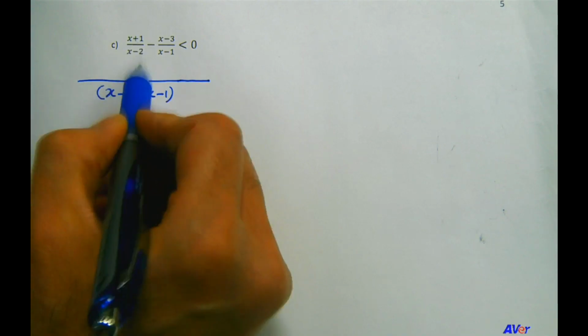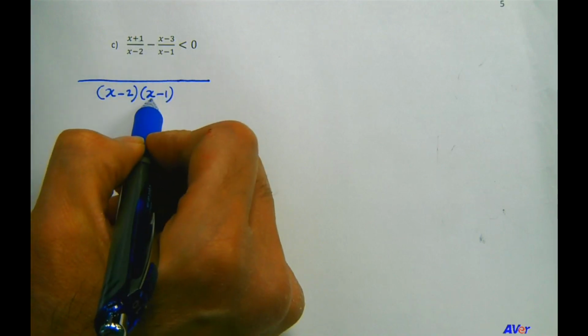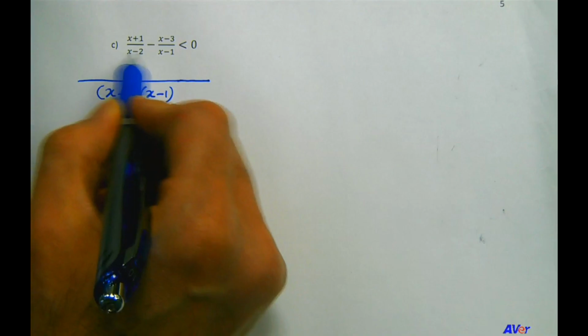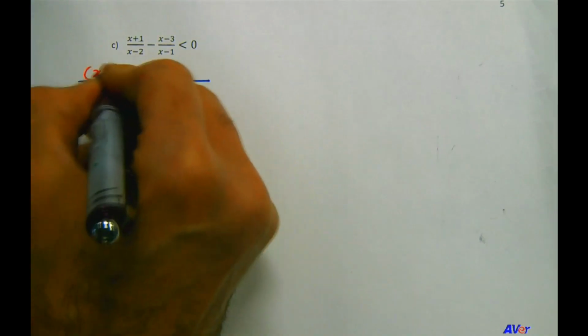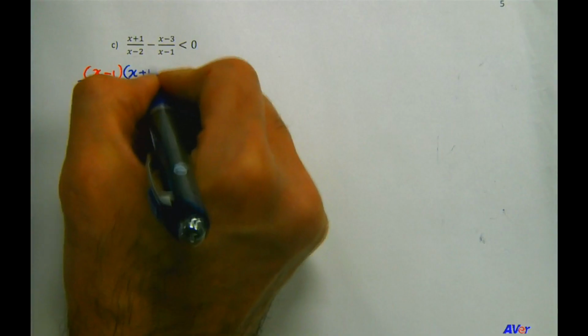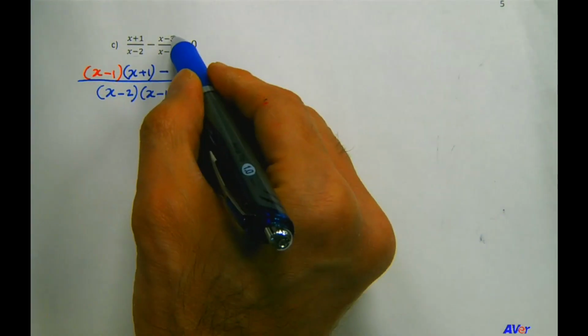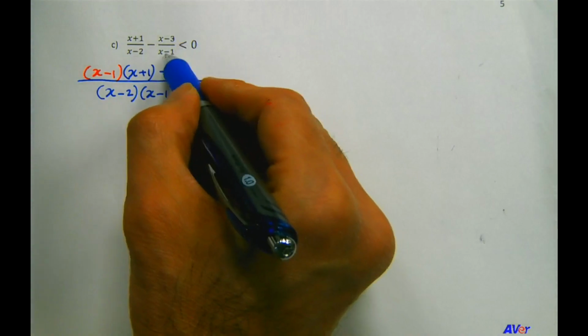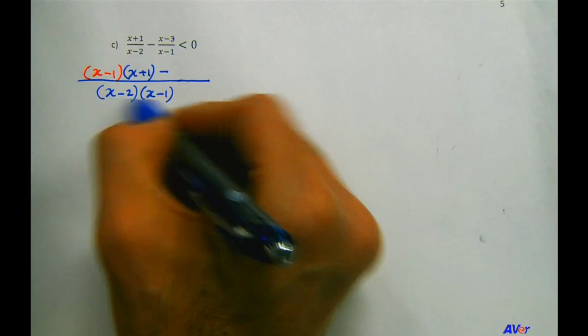Now, to take the common denominator between these two, multiply each numerator by what's missing from its denominator when you compare that with the common denominator. So here, we would multiply x plus 1 by x minus 1. Why? Because x minus 1 is missing from that denominator. So x minus 1 times x plus 1 minus. Multiply this numerator by the term that is missing from its denominator when you compare it with the common denominator.